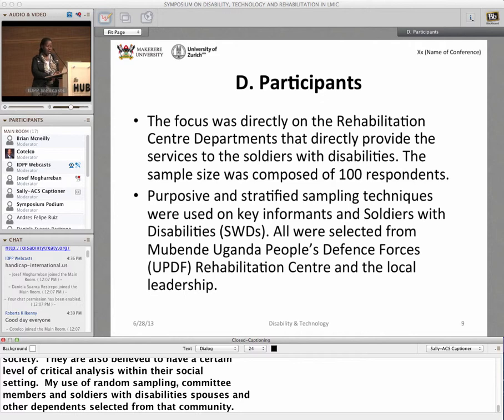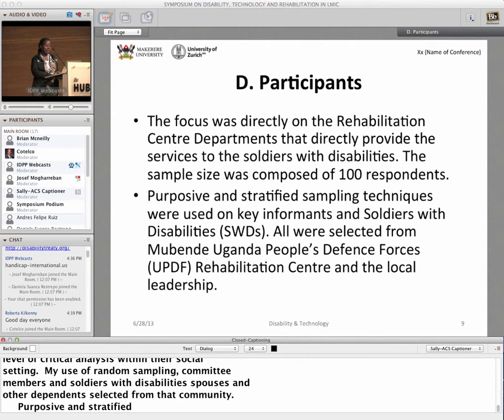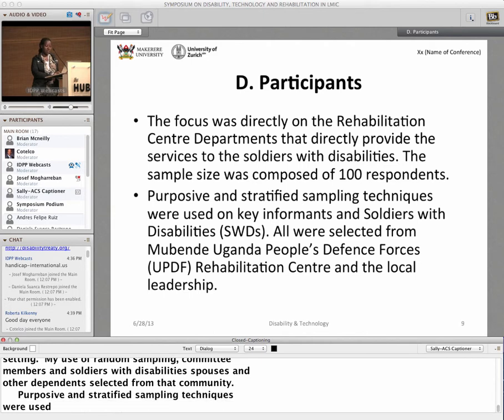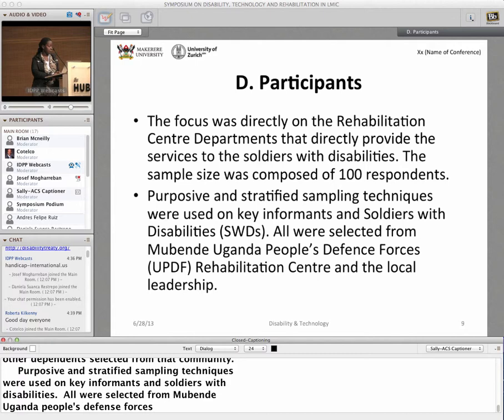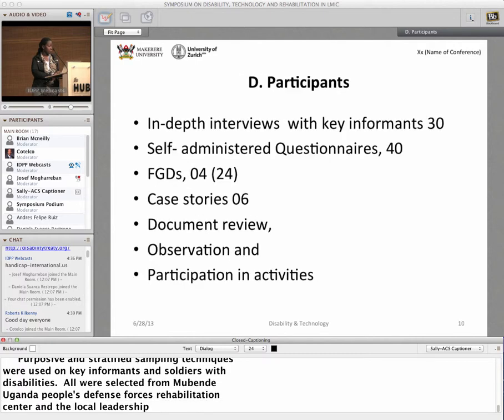Purposive and stratified sampling techniques were used on key informants and soldiers with disabilities. All were selected from Mubende Uganda People's Defense Forces Rehabilitation Centre and the local leadership. That's just a summary.